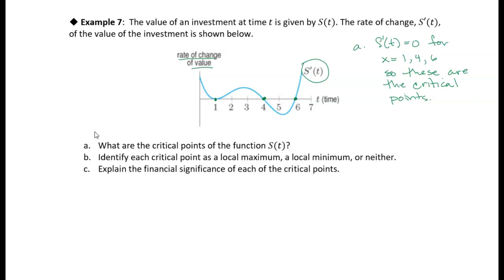Now we want to identify these critical points as either maxima, minima, or neither. I'm going to draw my little number line here. Let's say this is 1, 2, 3, 4, 5, and 6. Those are my critical points marked here.